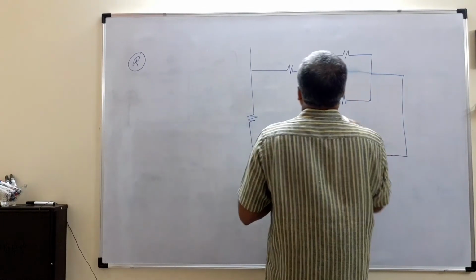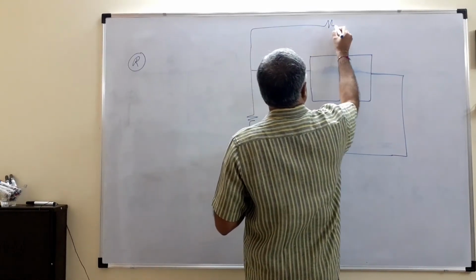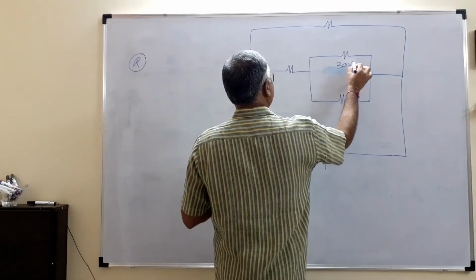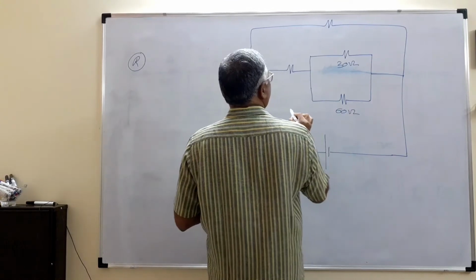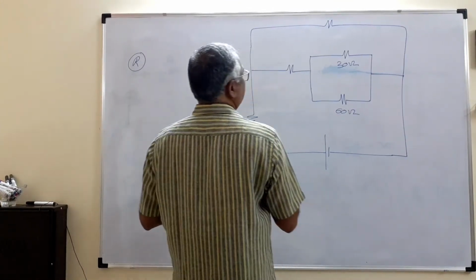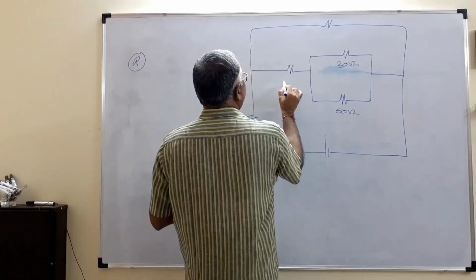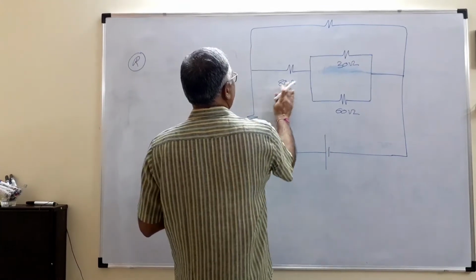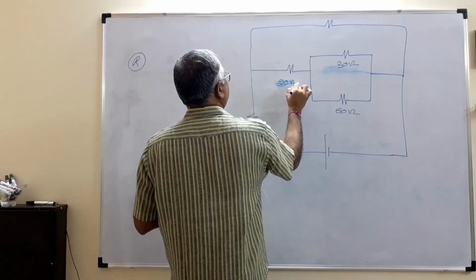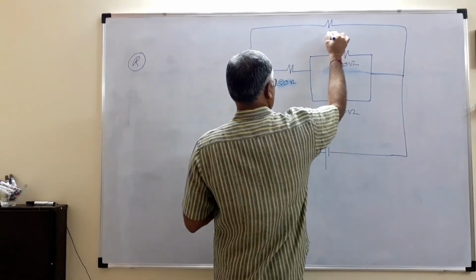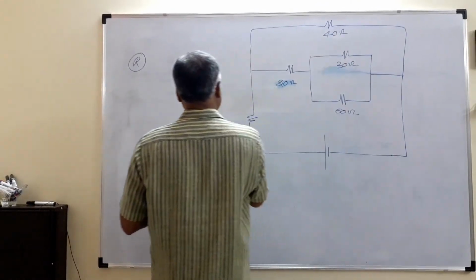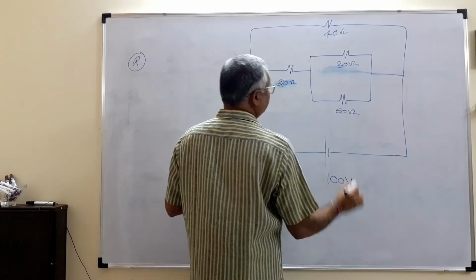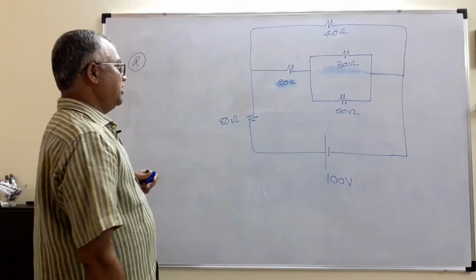This is one standard model. 30 ohms, 60 ohms, then 80 ohms, 20 ohms, 40 ohms, 80 ohms, and this is 100 volts. So it's a combination of series and parallel.